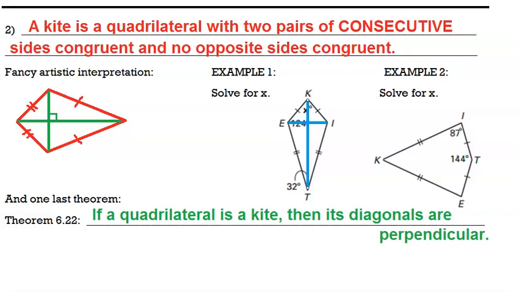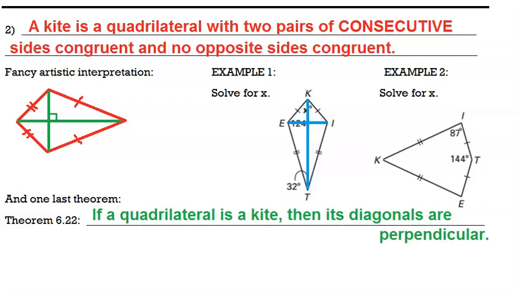So if you're wondering why he's doing what he's doing on this problem, I just want to illustrate it for you in terms of the diagonals being perpendicular. What we've created here is the HL theorem, which is why I can show you these angle relationships.